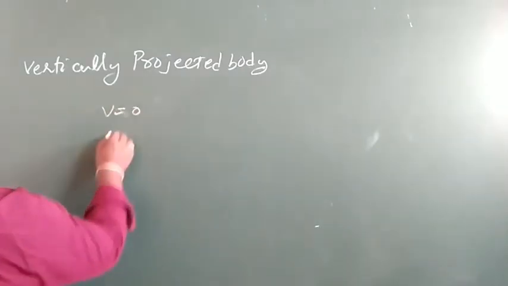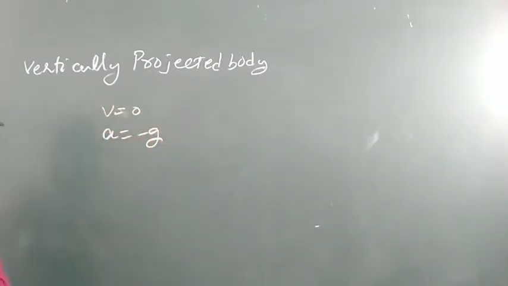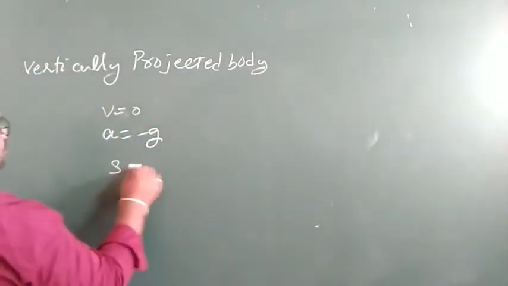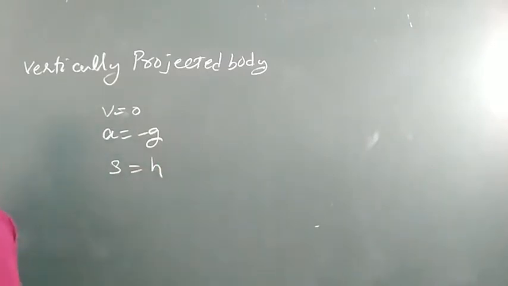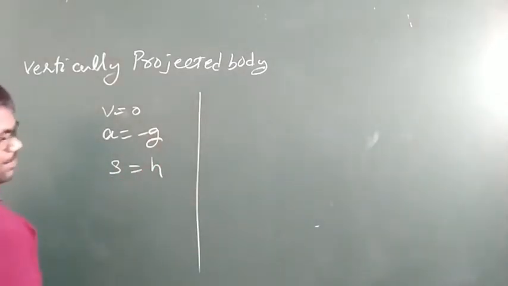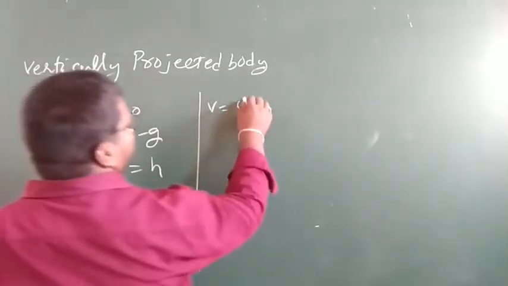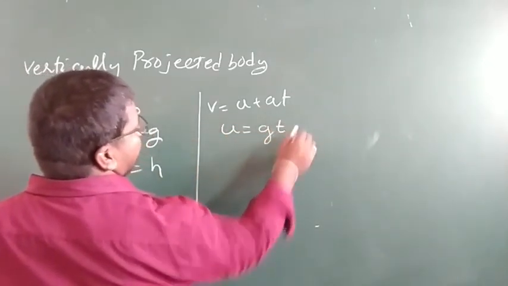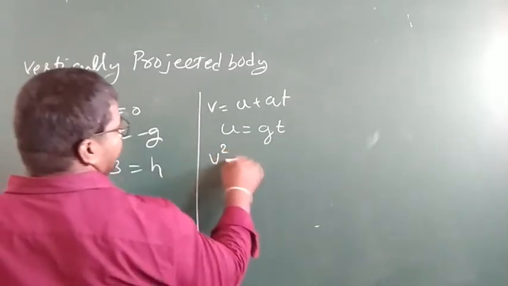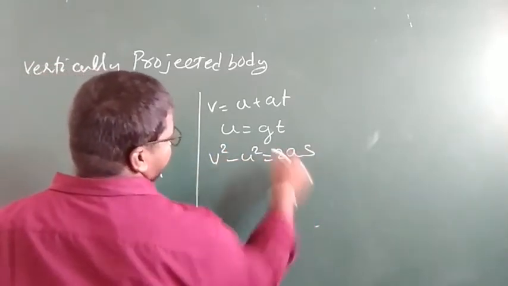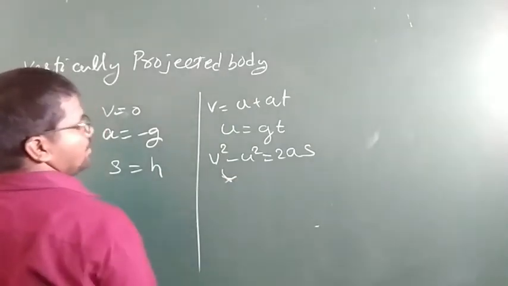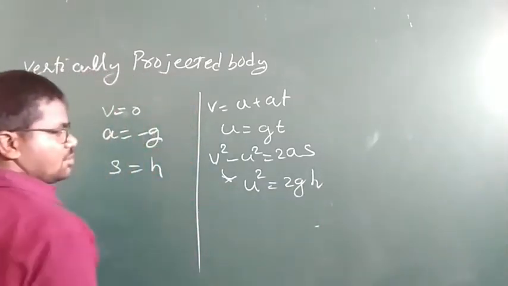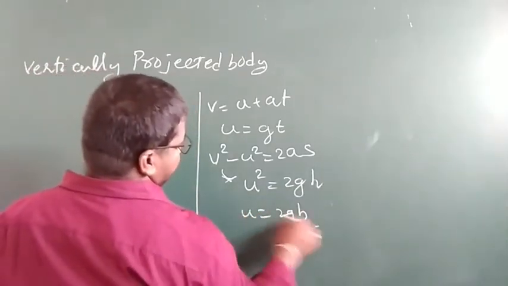A value is minus g, acceleration due to gravity is minus g. S is equal to h. These are the variables, my children. V is equal to U plus AT, so we can write u is equal to gt. Next, V square minus U square is equal to 2as, this becomes u square is equal to 2gh.